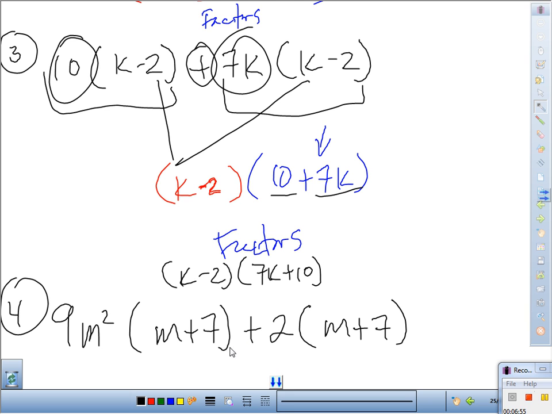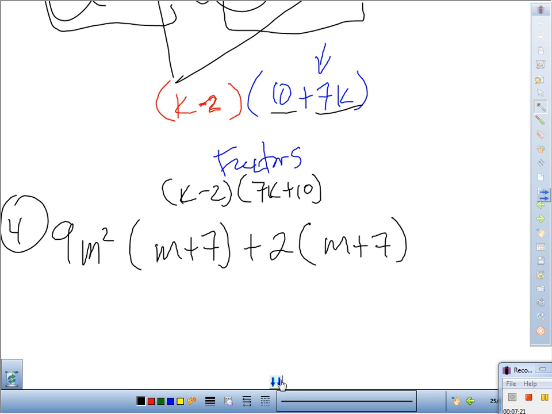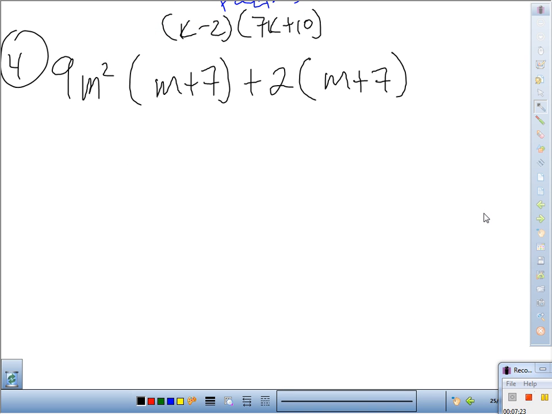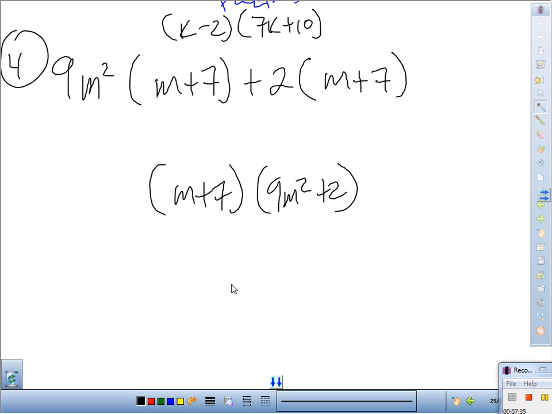Can you tell your neighbor the factors, please? Answer, m plus 7 times 9m squared plus 2. These are my factors. Have you got that? Okay. So far we're doing okay, yes?